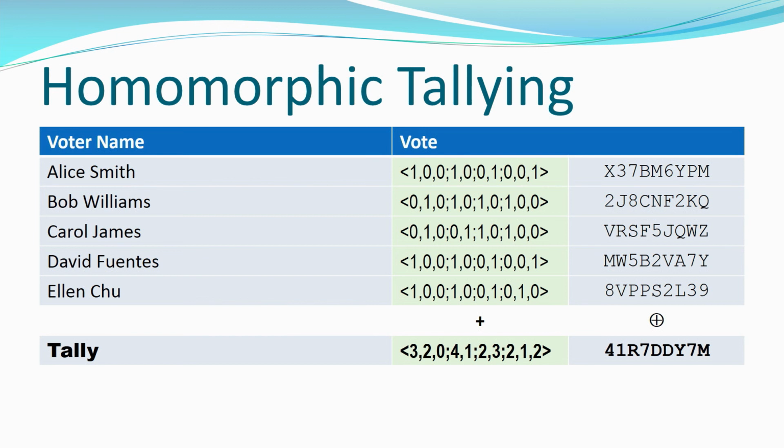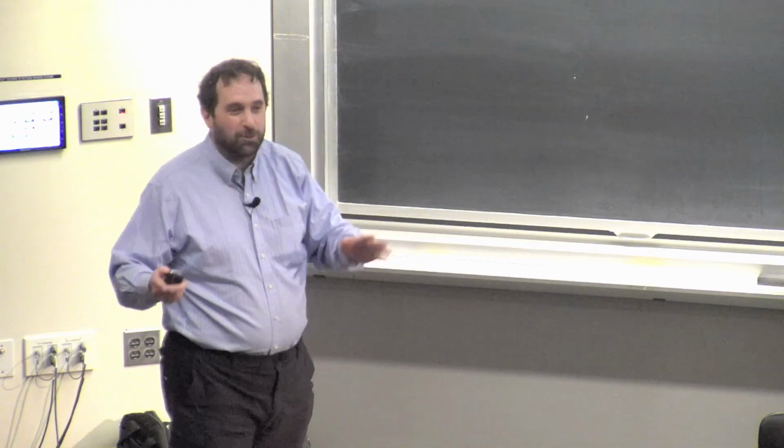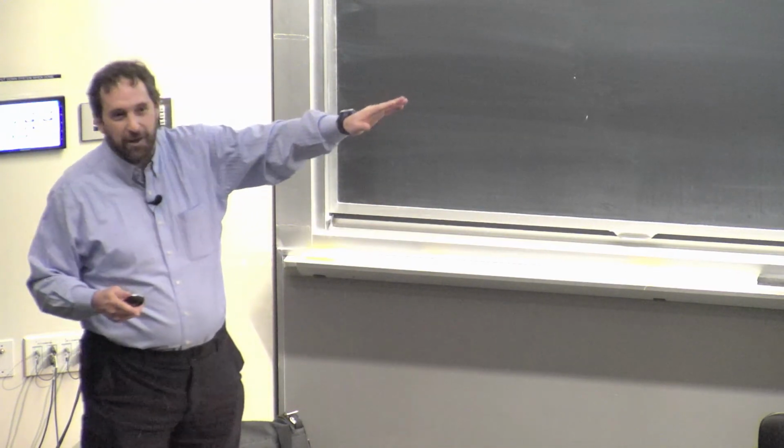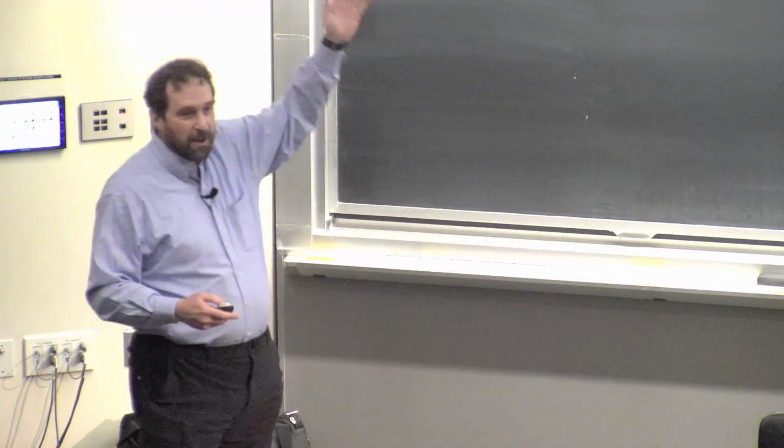You apply some special operation. Well, it turns out that that special operation in virtually all cases is multiplication. Simple elementary school multiplication to combine the encrypted votes to get an encryption of the tally. Now, why multiplication? Math can be funny sometimes. It works out a little bit better if you multiply the encryptions to get an encryption of the sum.